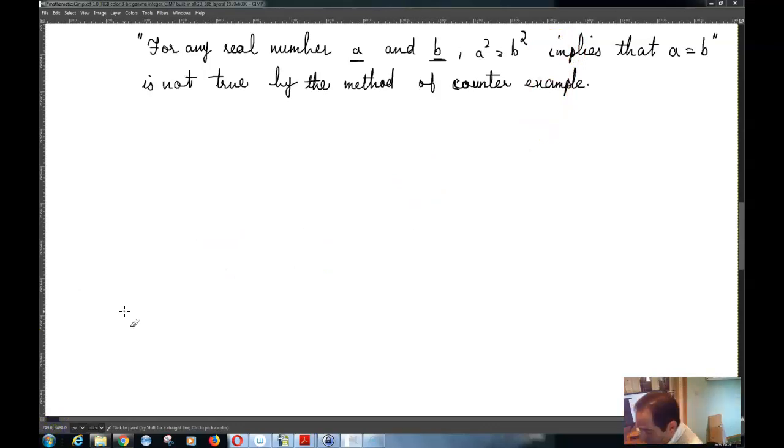Okay, so for this example, it says that for any real numbers a and b, a squared is equal to b squared implies a is equal to b. You want to prove that this is not true by the method of counter example.